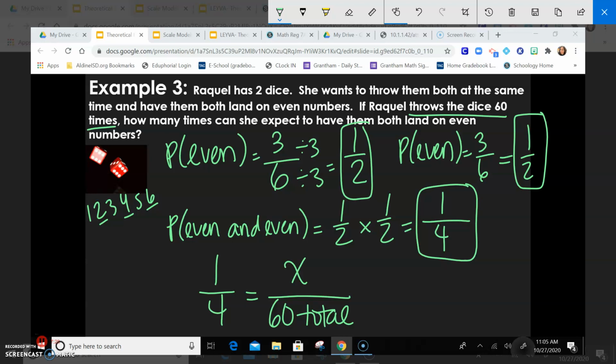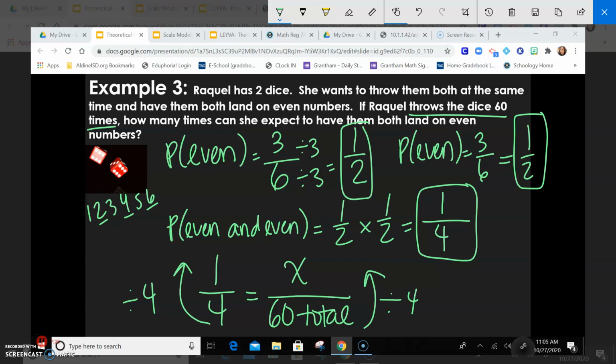Again, with your proportions, you have several different ways to solve it. So for this proportion, I'm going to go from 4 up to the number 1. So how can I get from 4 to 1? I'm getting smaller, so I know I'm dividing, and any number divided by itself is 1. So I'm dividing by 4. 4 divided by 4 will give me the 1. Whatever I do to the left side, I must also do it to the right side.